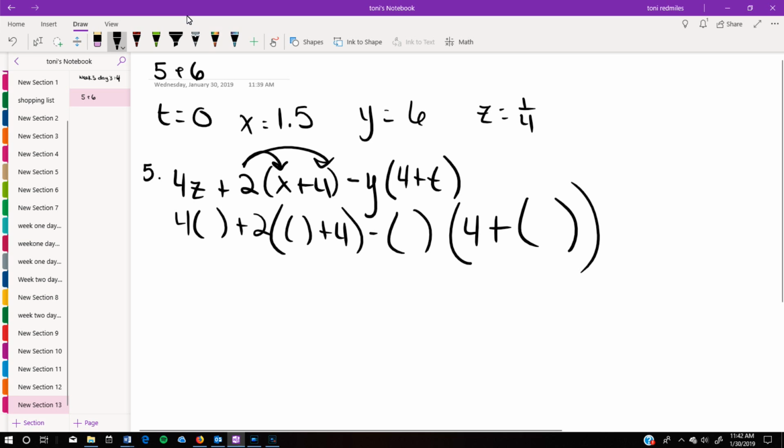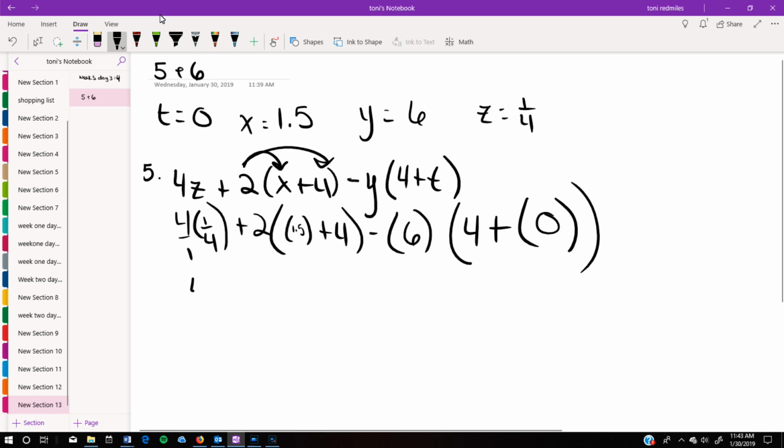All right, now z equals 1.5, x equals, no. Z does not equal 1.5. What am I doing? Z equals 1/4. So I'm going to put a 1 underneath that. X equals 1.5, y equals 6, and t equals 0.